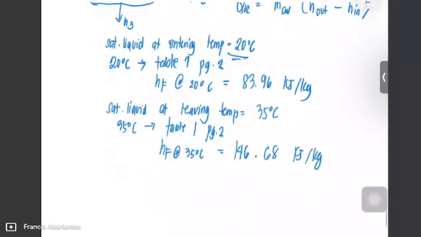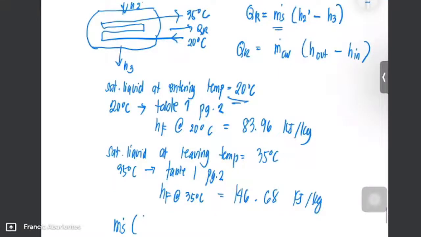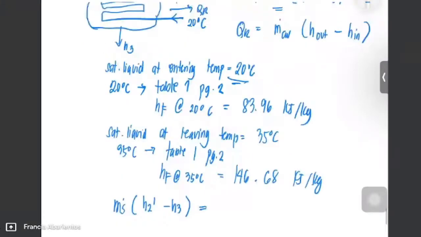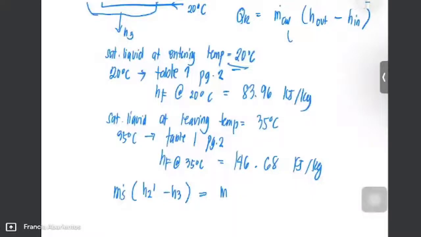So we have the mass of steam now. We have H2 prime minus H3 equal siya sa mass MC, that is the mass of the cooling water, H na out minus the in. Okay.